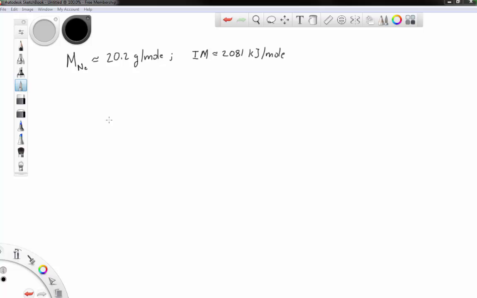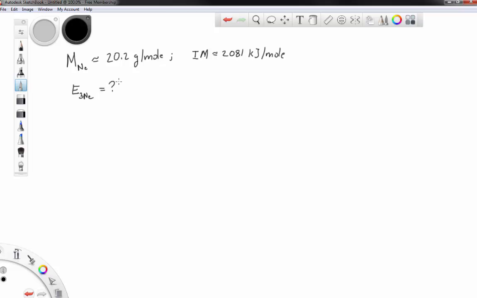All right, but the question here was ultimately how much energy do we need to singly ionize 3 kilograms of neon? I'll represent that as E for 3 Ne, just for shorthand, and this is what our question mark is.